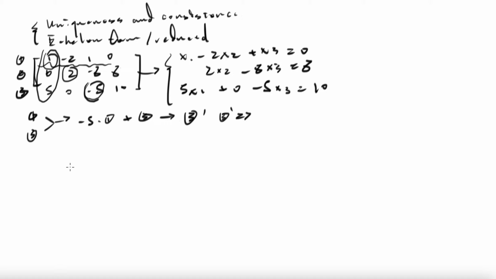Because the first term is eliminated, it will be -10, and -10 equals 10. Second variable, the third variable here.